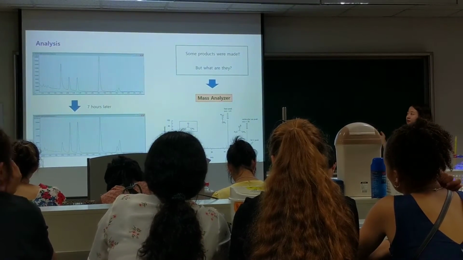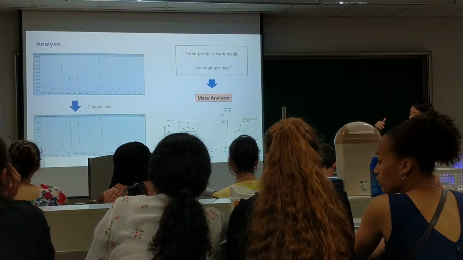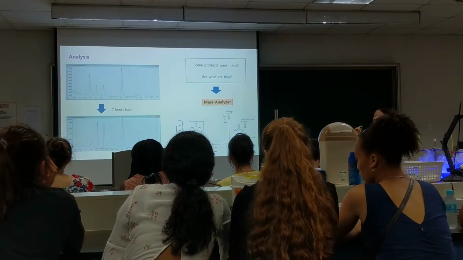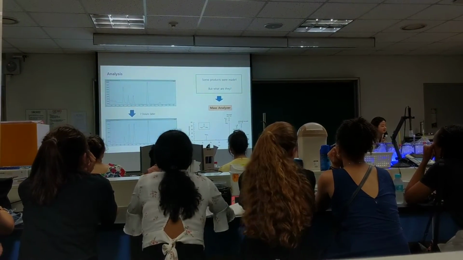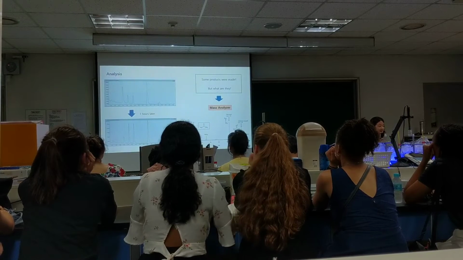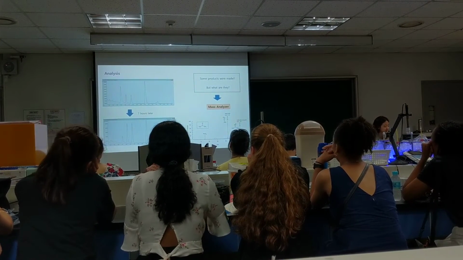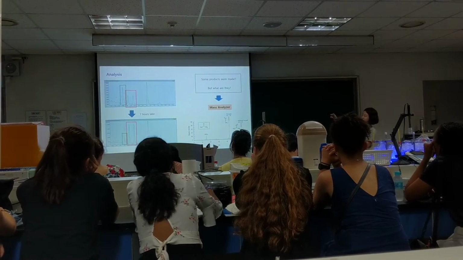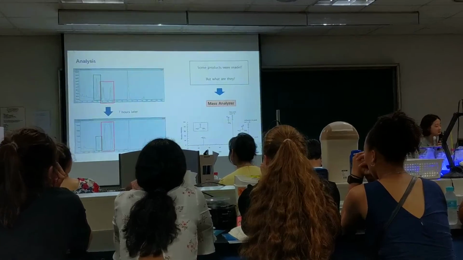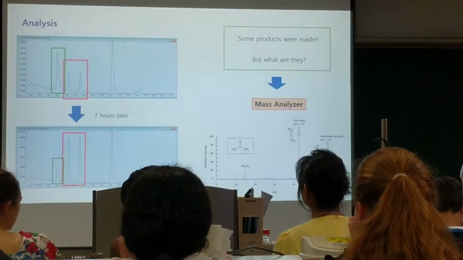So now we can get this kind of graph by using the equipment. We can see 5 peaks over there, like here and here, here and here, here. And 7 hours later, we can also find 5 peaks, but the green one decreases and the red one increases. And the fourth one can be a standard.